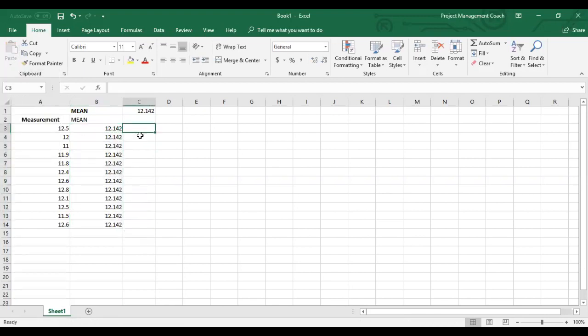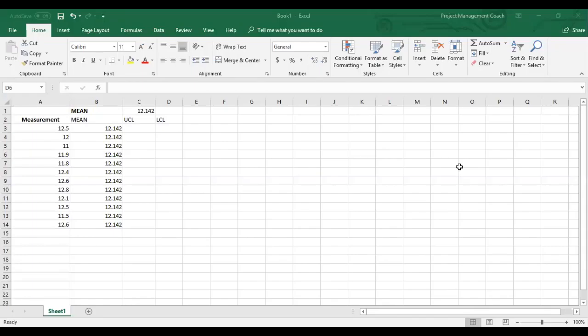Okay. So that's the mean. The next step is to find the upper control limit and to find the lower control limit. So we've got the UCL and we've got the LCL.